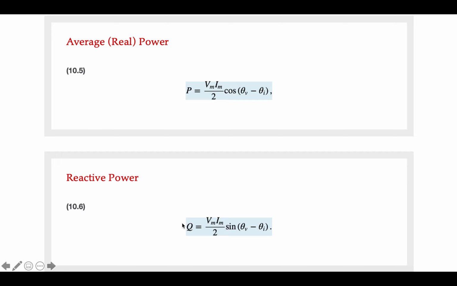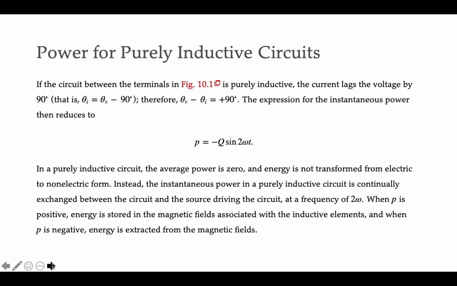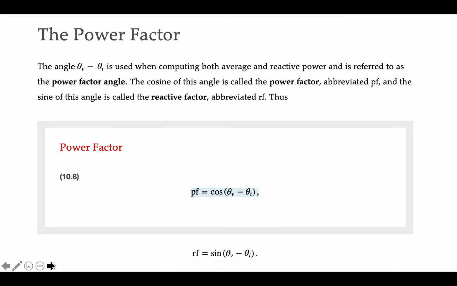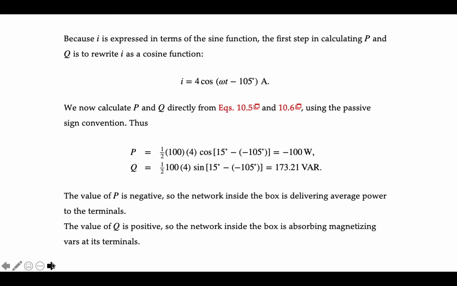And the reactive power is the same magnitude multiplied by the sine. So let's go back. So that's what these two formulas are. This is the voltage magnitude, the current magnitude, 1/2 cosine of theta V minus theta I.